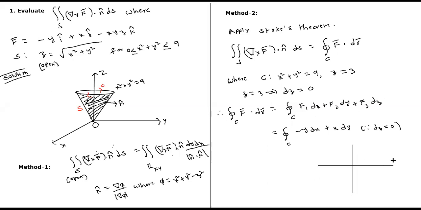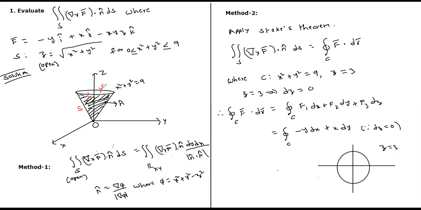Where is the circle? Not on z equal to 0, but on z equal to 3, the z equal to 3 plane. So tell me, what is the orientation of this circle? When you are viewing from the top, what kind of orientation is it?